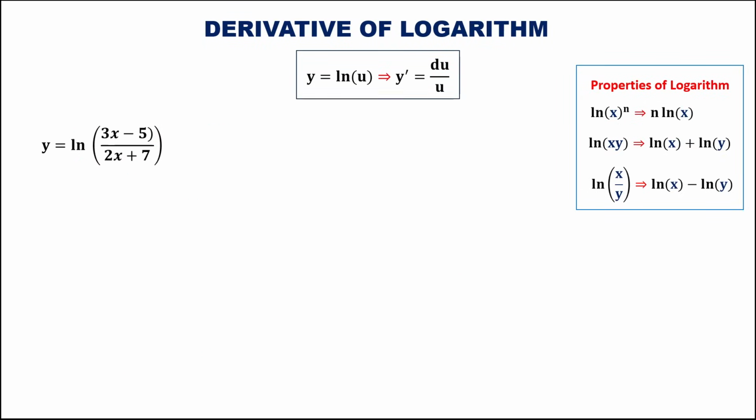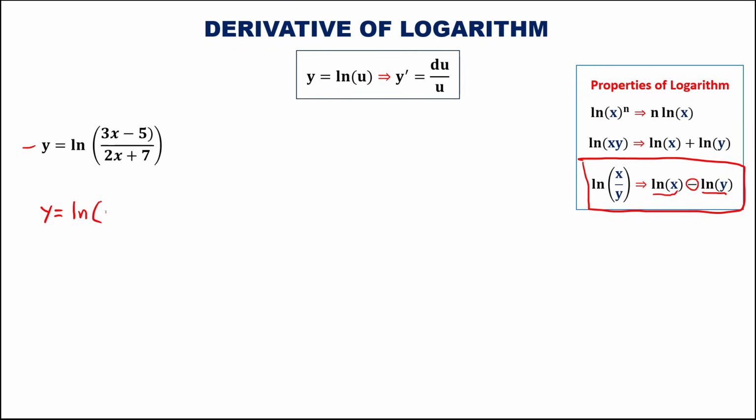Then for this given, to evaluate the derivative, observe that using the quotient property of logarithm, ln x over y is equal to ln x minus ln y. So we need to rewrite this given first using the quotient property of logarithm.